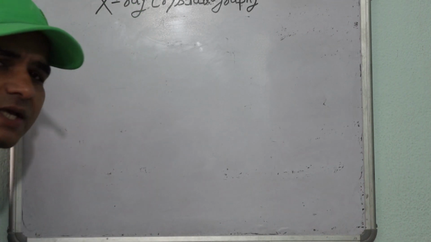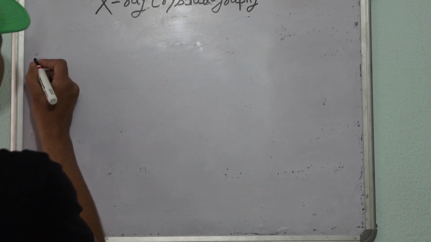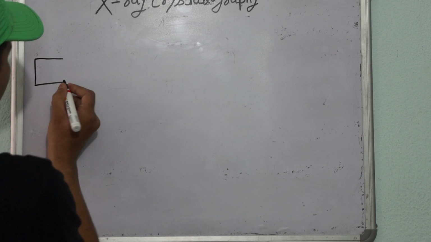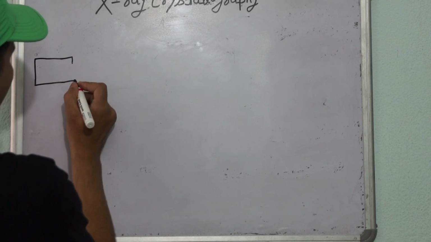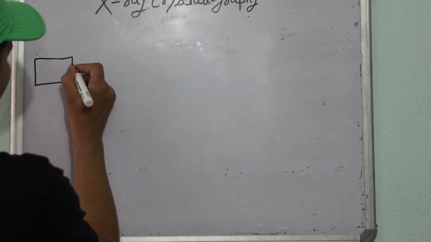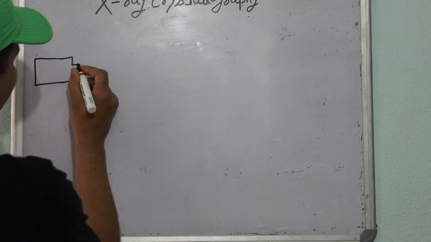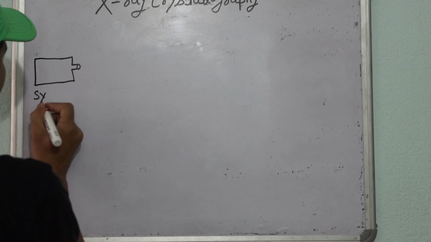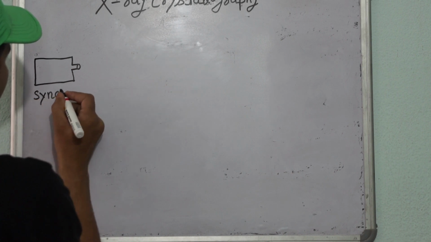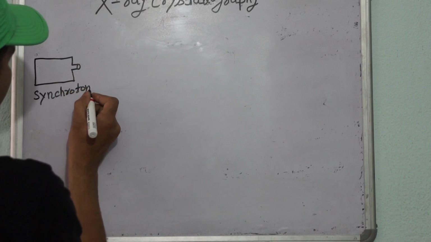To do X-ray crystallography, first of all we take a synchrotron. Synchrotron is the source of X-ray; it emits a lot of X-ray beams. So here I am drawing the synchrotron.